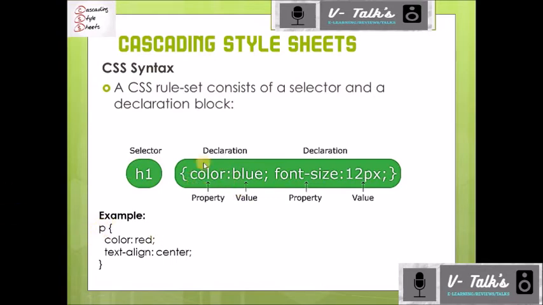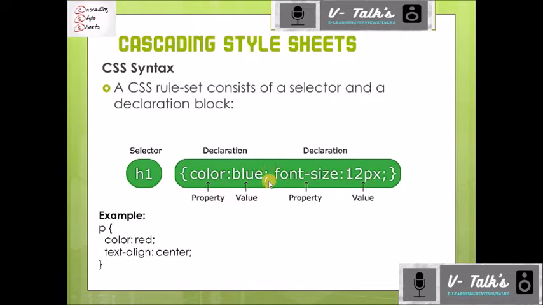Now color is a property, you know that we studied attribute or property. Colon, then the value, meaning blue, red, green, any value you can give. And if you want to define one more property here, you have to give a semicolon after the first one.